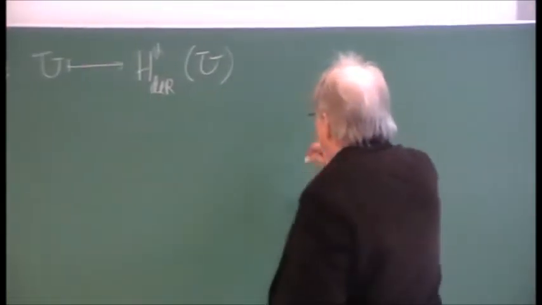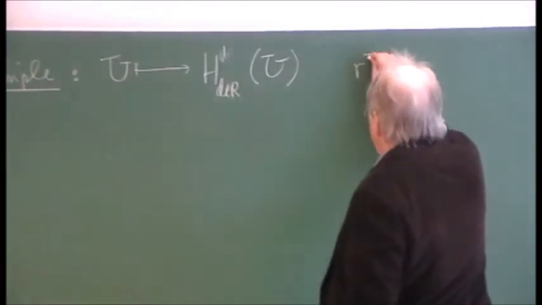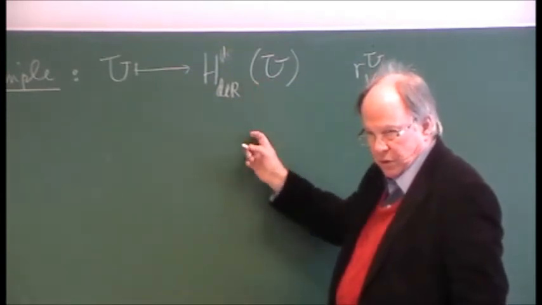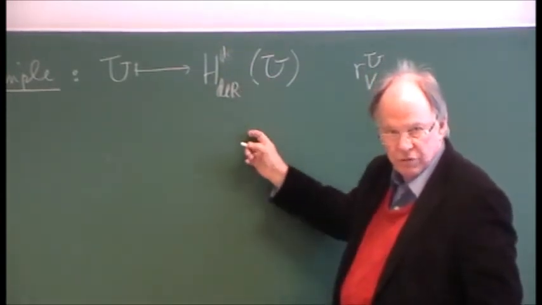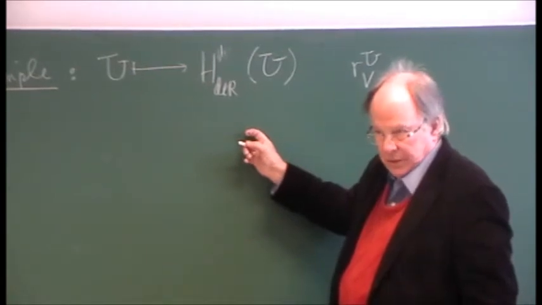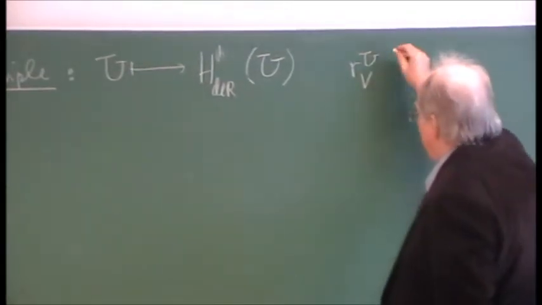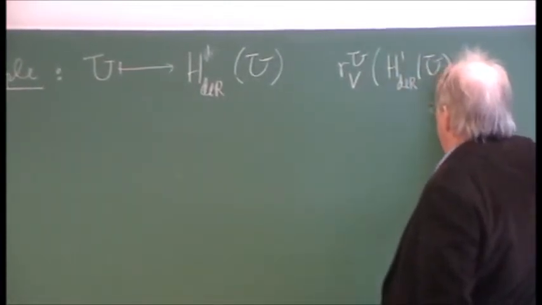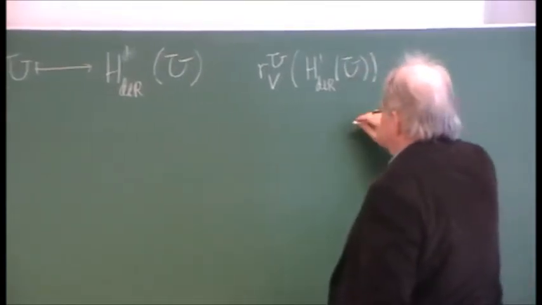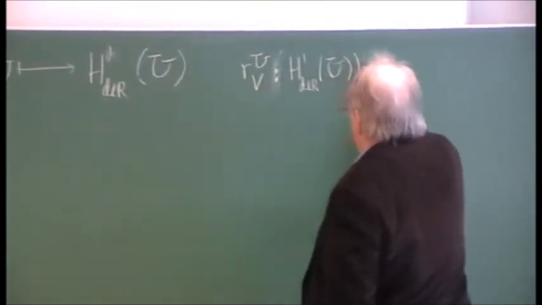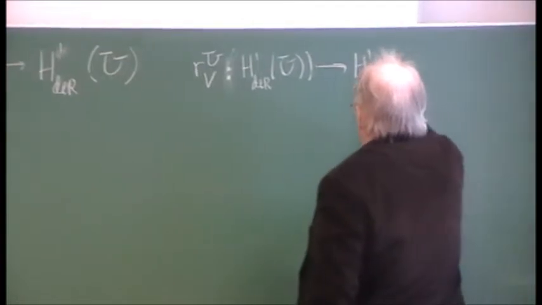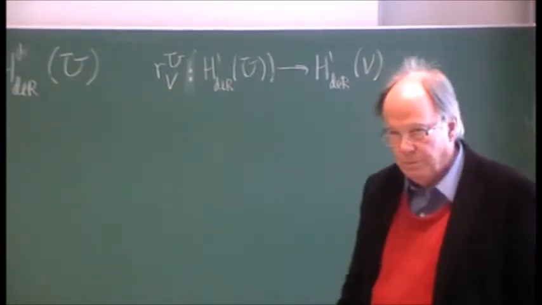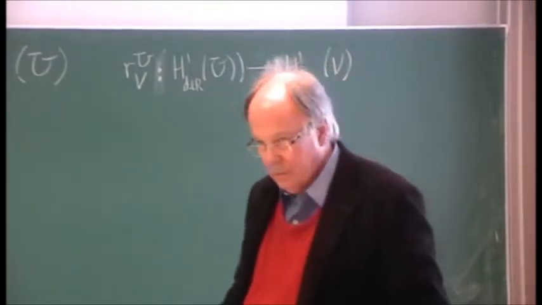And certainly there's a restriction if U contains V. De Rham cohomology is closed forms modulo exact forms, so you can restrict differential forms, right? So there's a restriction map at the level of differential forms, which induces a map at the level of de Rham cohomology. It restricts. Okay? Now, watch.